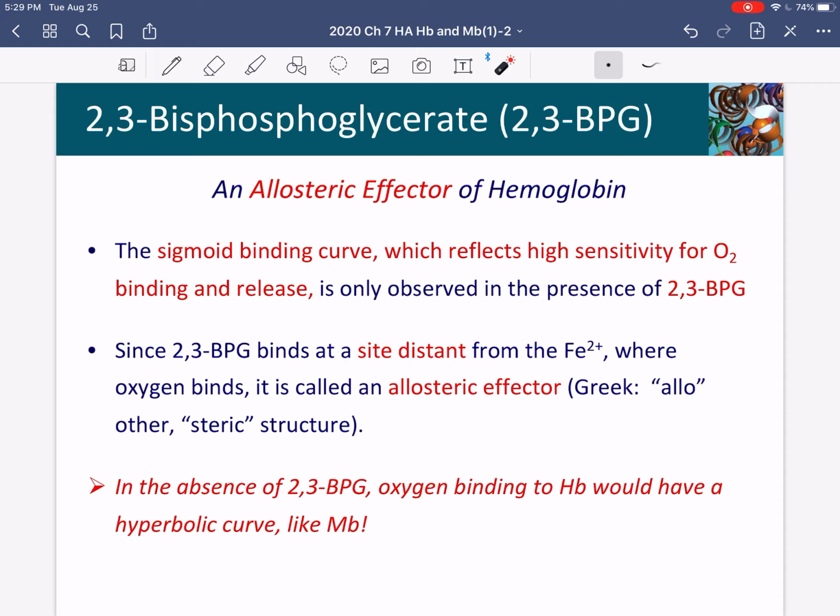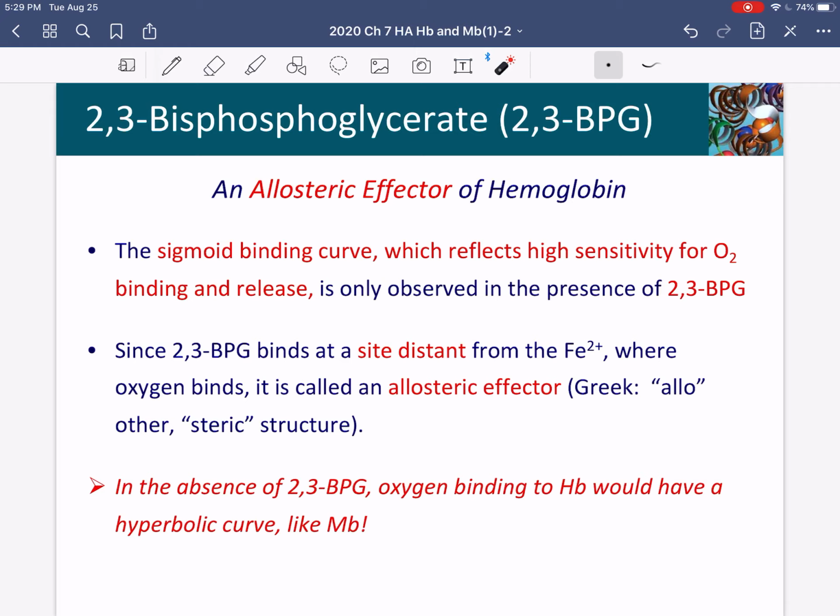Well, it's the T state that binds to the allosteric effector 2,3-BPG, and that means that when this effector binds, it converts oxyhemoglobin, the R state, to the T state and stabilizes hemoglobin in the T state. And so its binding also helps the release of oxygen in the tissues where it needs to be delivered.